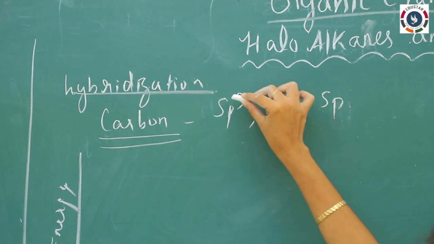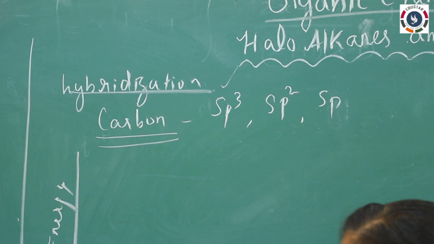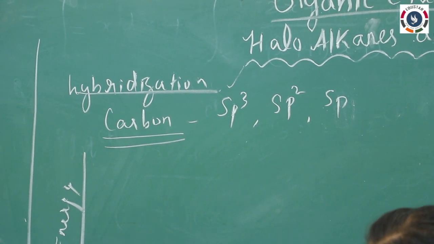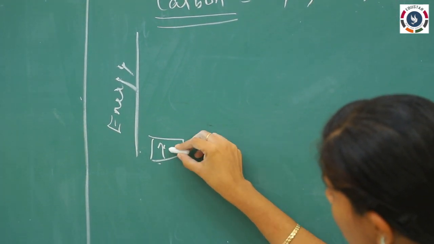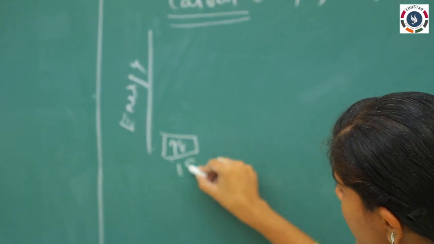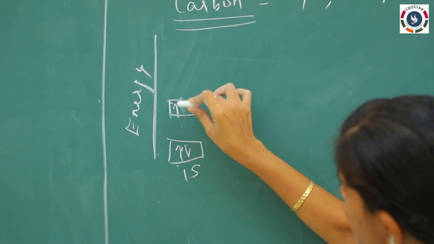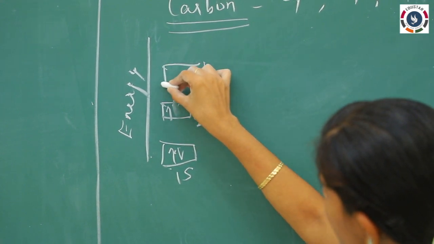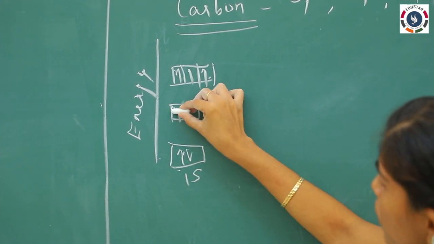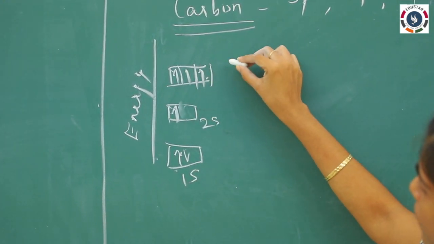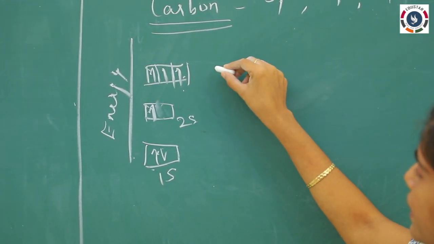Here let us start with sp3 hybridization. All the orbitals present in an atom are arranged in the order of increasing energy level. So, I am drawing the carbon atom energy level diagram. This is 1s, 2s will be slightly higher in energy than this, and the next are the 2p. I have drawn it like this since the carbon atom will get excited as we saw earlier.